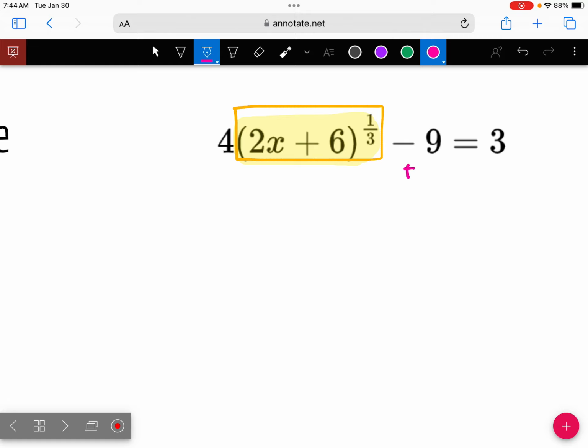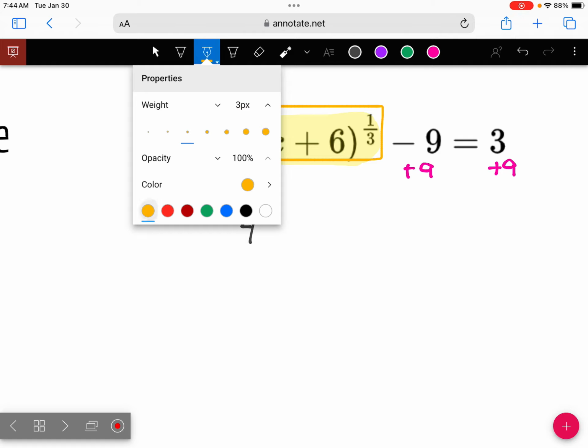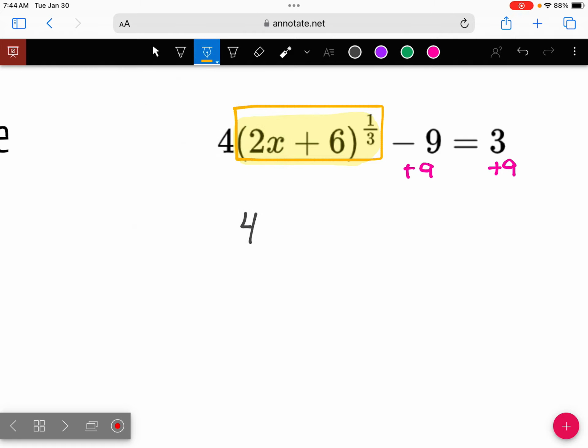Add 9 is going to be what I recommend. Like I said, you can absolutely divide by 4, but then you're going to have 9/4 and 3/4, and it's going to be a little bit gross. So we're going to add 9. That's going to give us 4 times our radical, which is our 2x plus 6 raised to the 1/3 power.